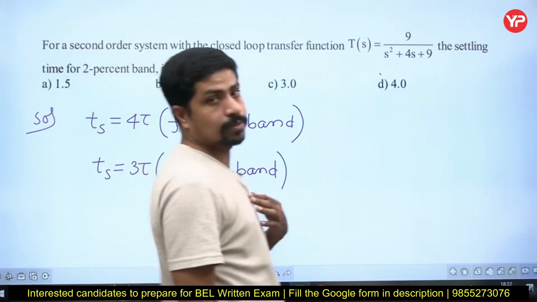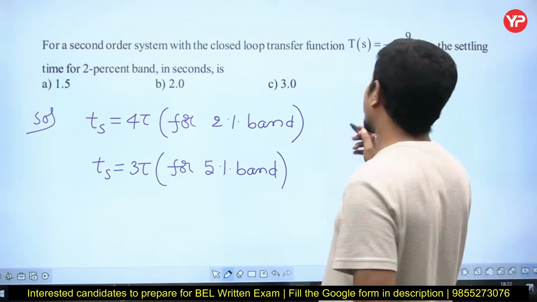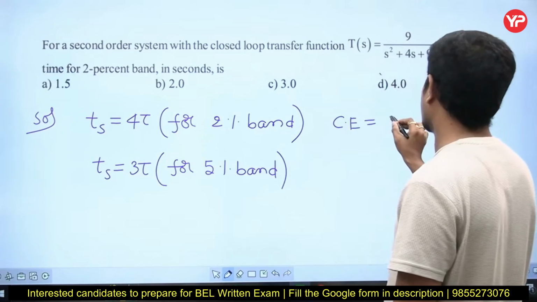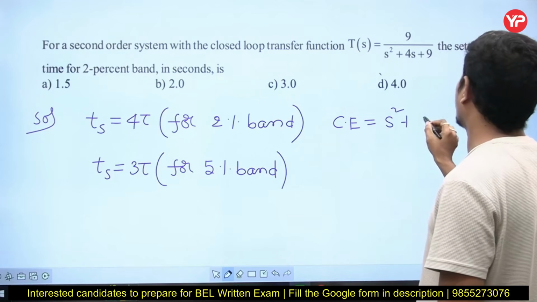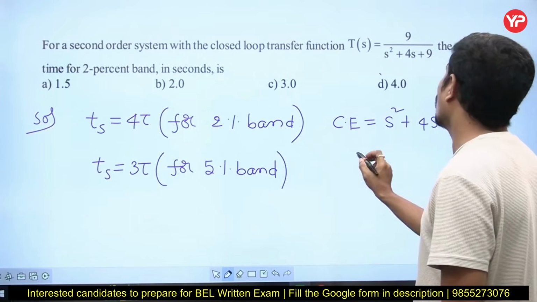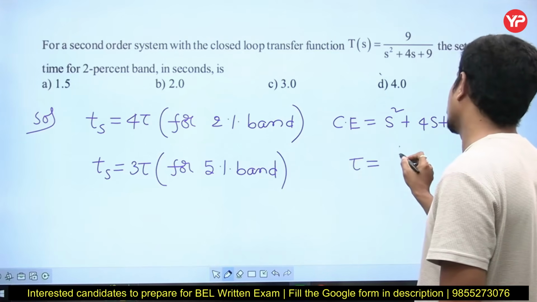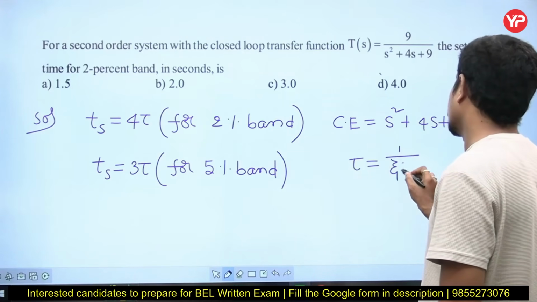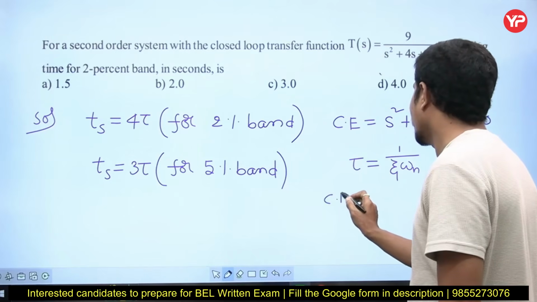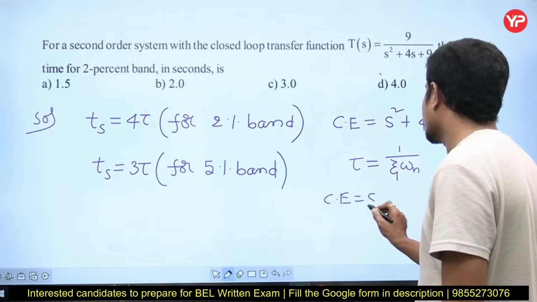We need to get the tau. What is the characteristic equation? The characteristic equation is s square plus 4s plus 9 is equal to 0. Tau is nothing but a time constant, that is equal to 1 by zeta omega n. Now compare this with the standard characteristic equation.